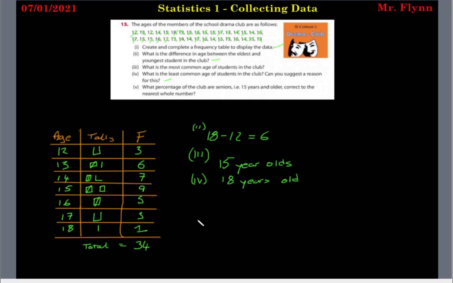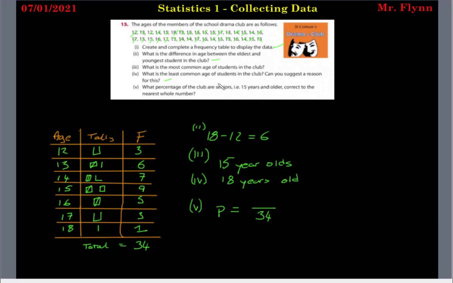So, percentage is, we want to start with a fraction, right? So, P for percentage, we're going to create a fraction. Well, there's a total of 34 players in the whole club. So the denominator in our fraction is going to be 34.